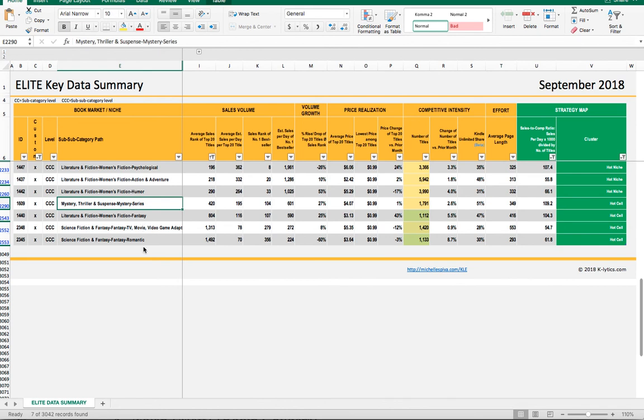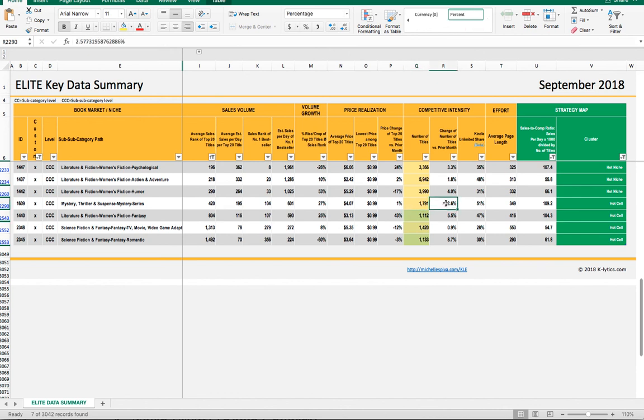Now, one of the things I want to call out for you to look at is the fact that with mystery, thriller, suspense series and with women's fiction fantasy, look at our competition. Oh my gosh, it's there for the taking. Look, they have less than 1,800 titles, or the women's fantasy has less than 1,200 titles.